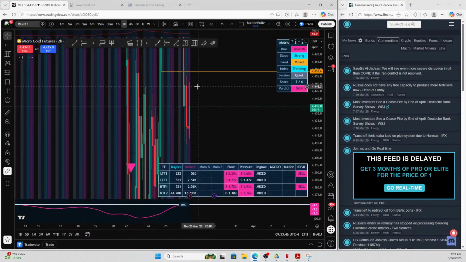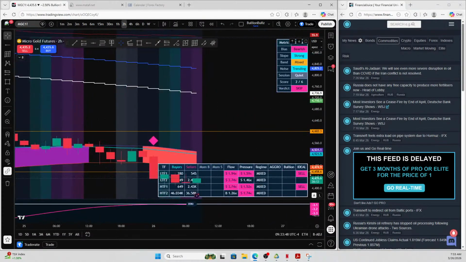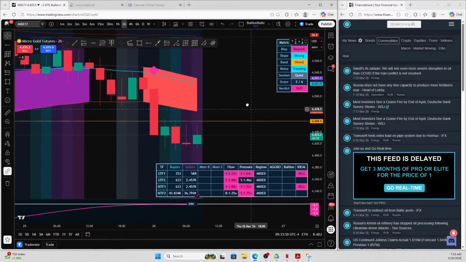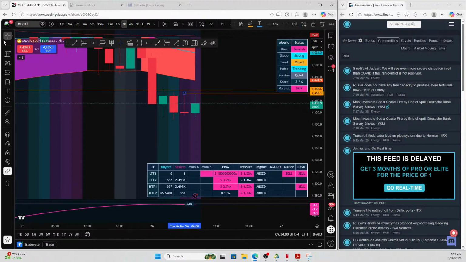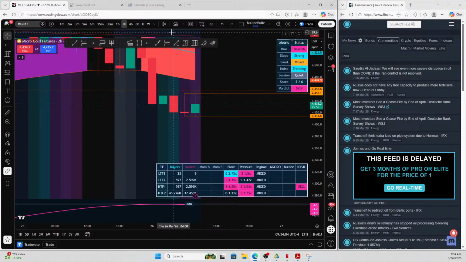Quickly, let's check the 2-hour chart, how the 2-hour chart's looking. This tells us whether the price is kind of in a range. So we do see price is inside the 2-hour candle as well, which is right here. So it's inside that 2-hour range as well. That's another thing we need to keep in mind.